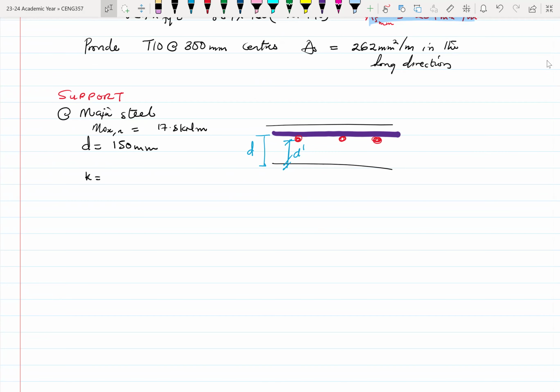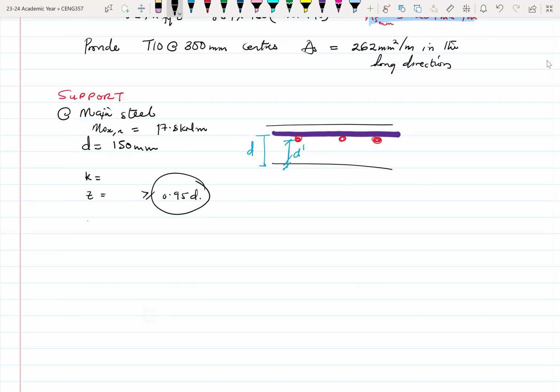The value of K then should help us to calculate Z. And then we'll compare if Z is more than 0.95D. If it's more than 0.95D, we use 0.95D. We usually do that for our calculations. So that's what I've been trying to work towards.